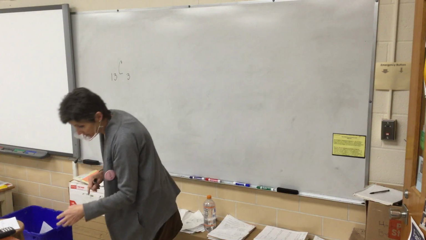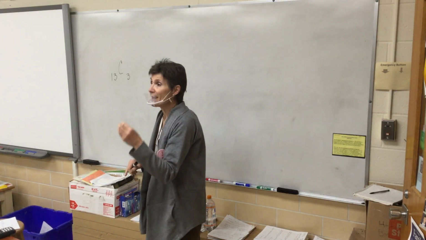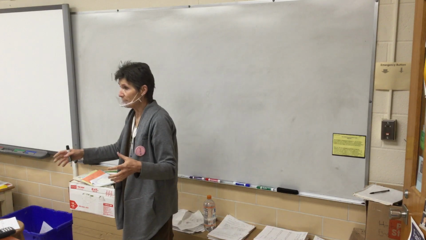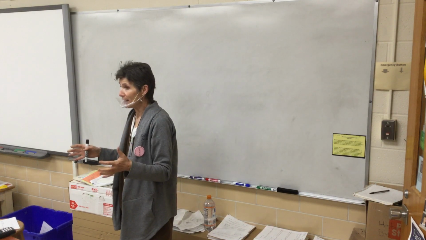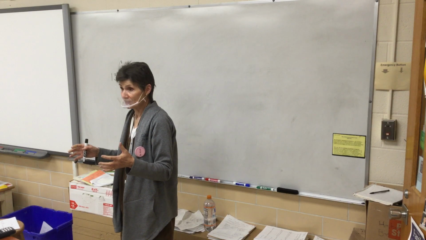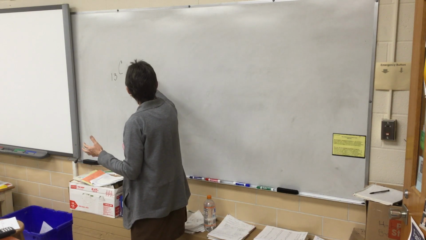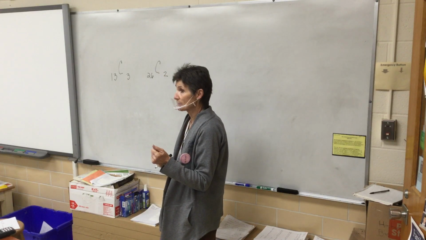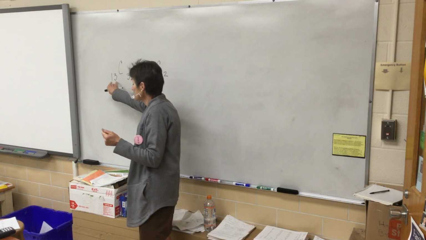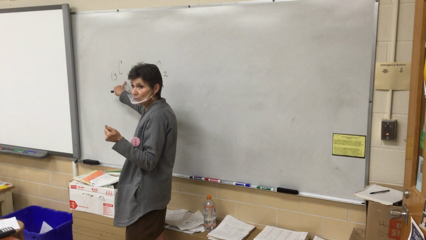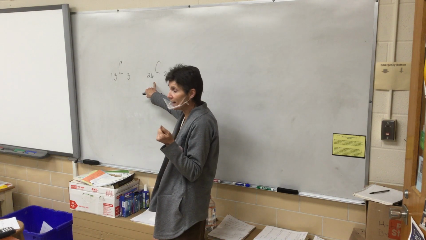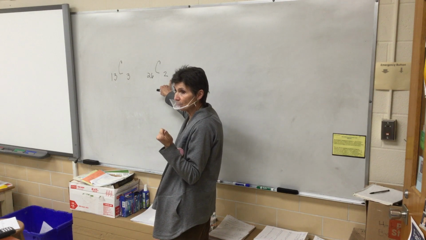What else do I need to pick? 2 red cards. Now remember, I split my deck up. How many of the cards are red? Half of them, 26. So 26 red cards, and I'm going to pick 2 of them. So 13 possible clubs, choosing 3. 26 possible reds, choosing 2.